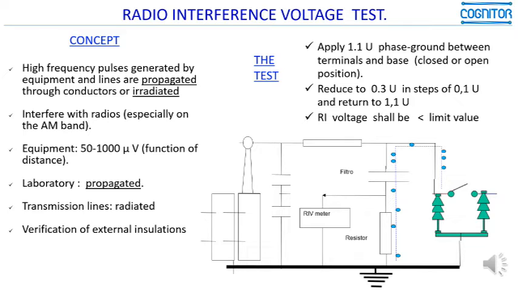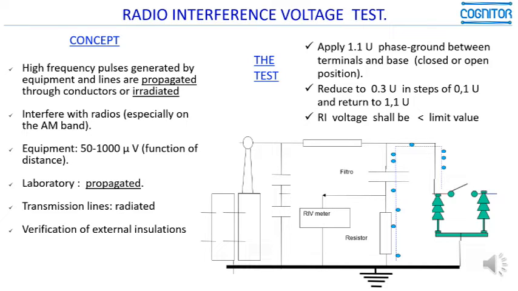We are not speaking here, in this test, of irradiated pulses. We are speaking about pulses propagated through conductors. These pulses, if they are above a certain level, can interfere with radio, especially on the AM bands. Then the test which is done, the concept is relatively simple.